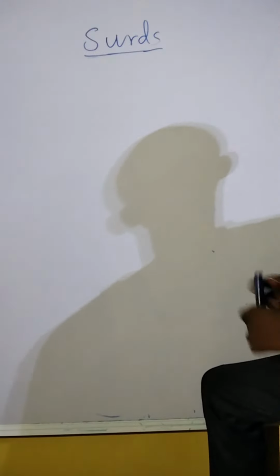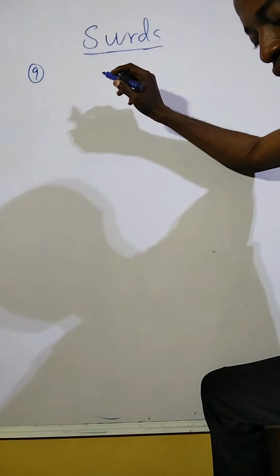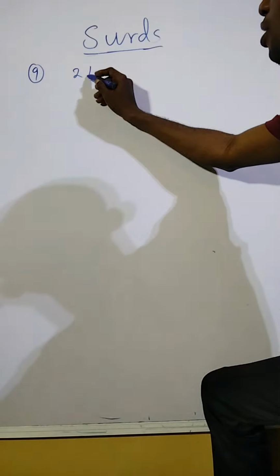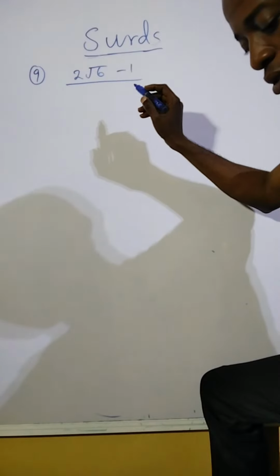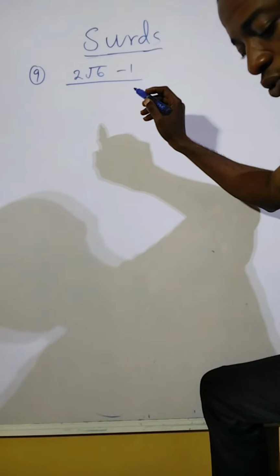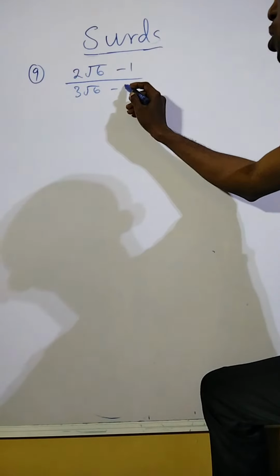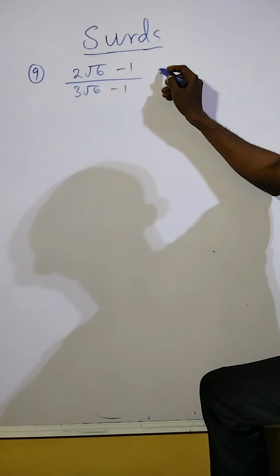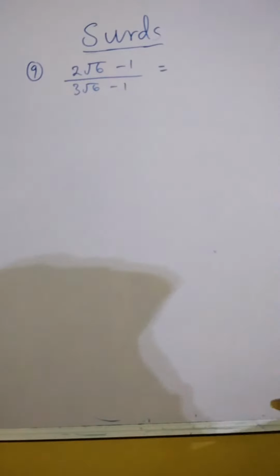You can put the answer in the comments section. That is, here we have 2 root 6 minus 1 divided by 3 root 6 minus 1. Put your answer in the comment section. Let's see who gets it in the comments.